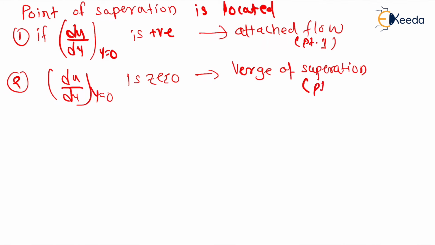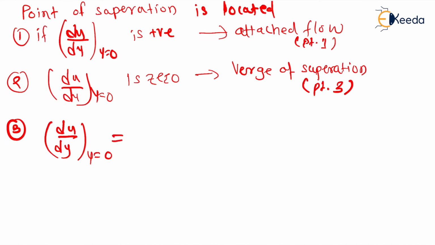This is nothing but point 3. And the third case is du upon dy at y equal to 0 is negative, separated flow. That's all. Thank you.